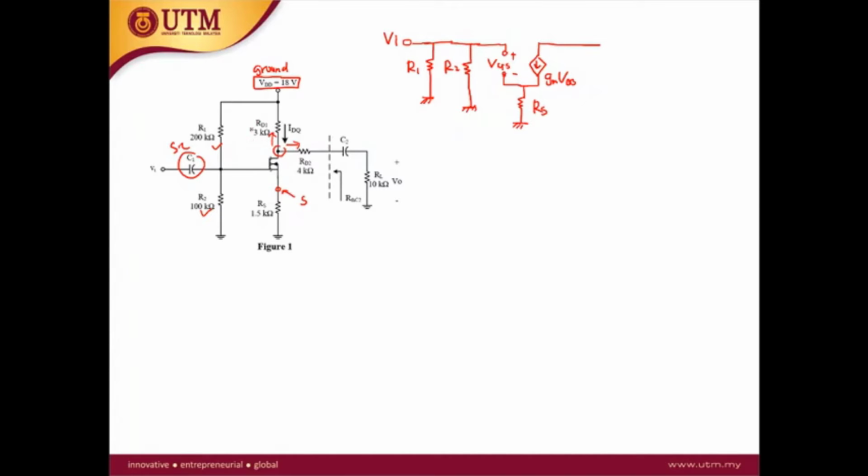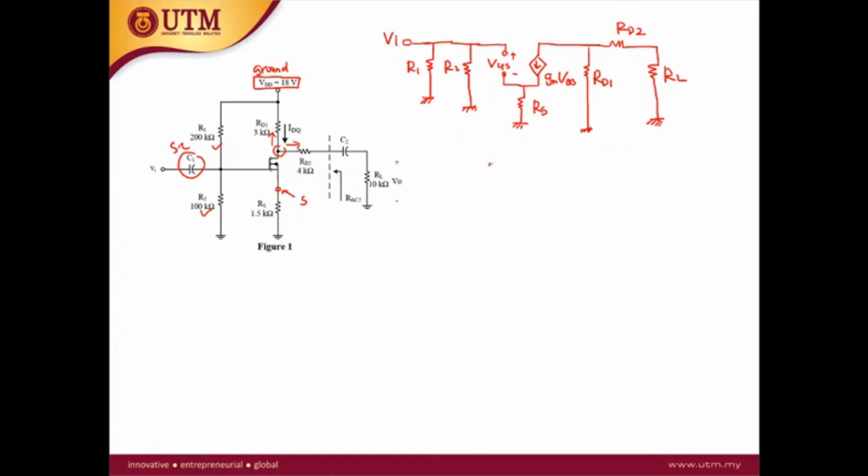The first one is RD1, connected to the ground, and the other junction is RD2 in series with RL. So this is RD2, and this is the RL. Okay, so this is the AC equivalent circuit at the mid-band.